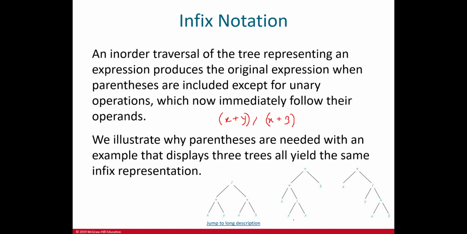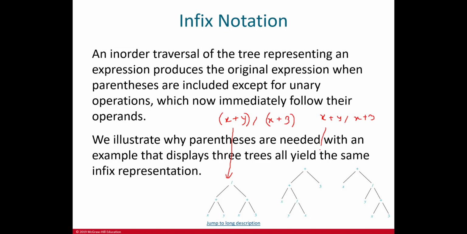Now the second tree might be that first we are doing x plus y divided by x. The expression which is given by this is, again I will write the same example, x plus y divided by x plus 3.